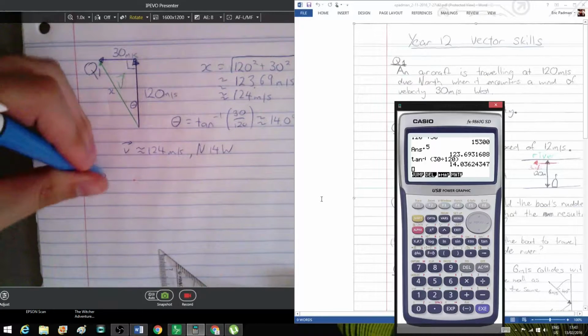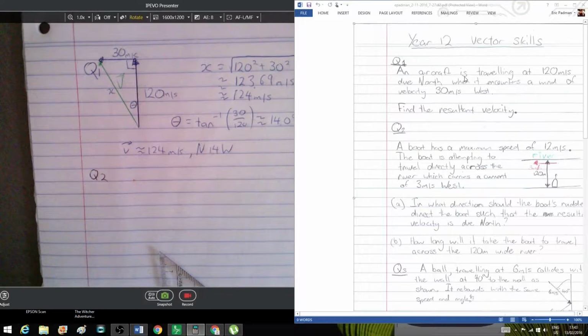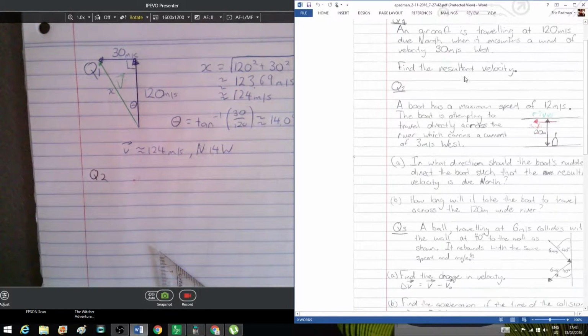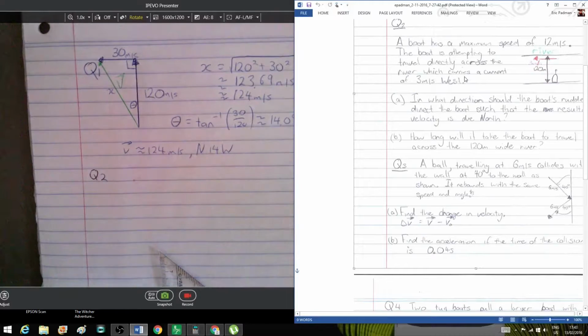The next one actually required a little bit more thought. It was a right-angled problem, but it was not another cookie-cutter example like question 1. So question 2. A boat has a maximum speed of 12 meters per second. The boat is attempting to travel directly across the river, which carries a current of 3 meters per second west.